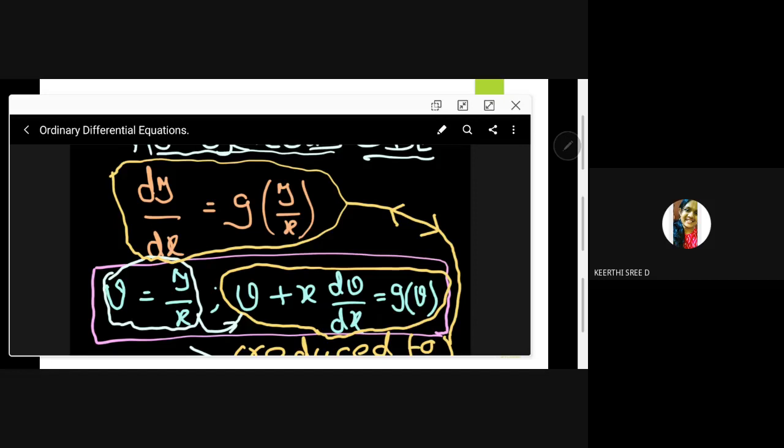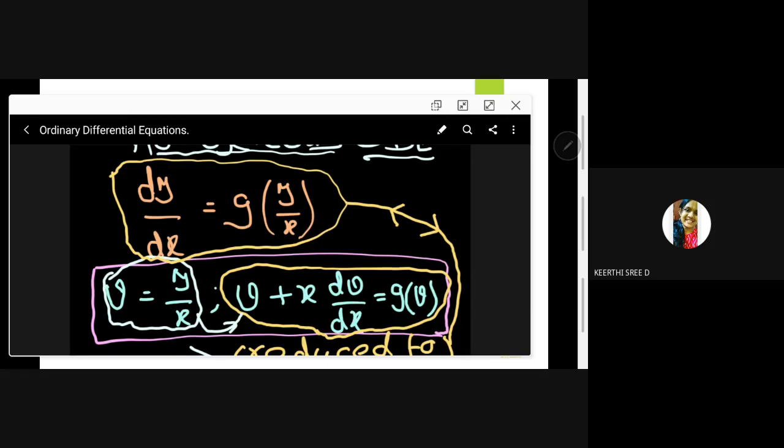When I'm writing this, the first one is dy by dx is equal to g of y by x. So what is the dependent variable here? The dependent variable is y and the independent variable is x. When we put v is equal to y by x, we are converting y by x into v. So v is the dependent variable, x is the independent variable.